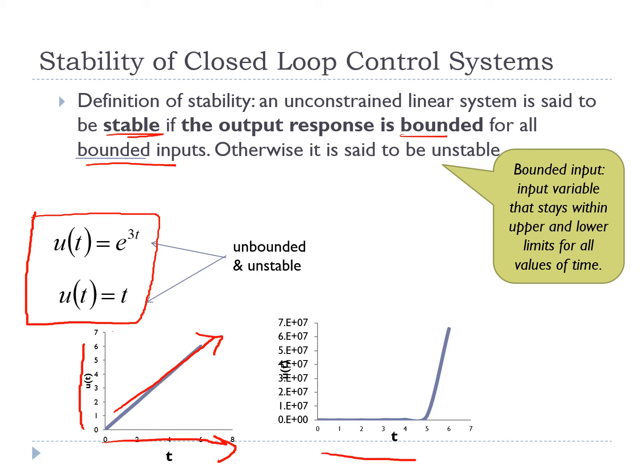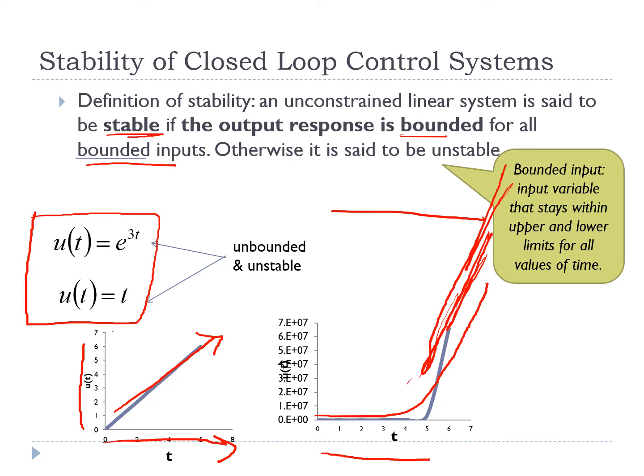Similar to this response, the output increases over time, which is unbounded, a never-ending response that keeps increasing with time. So this response is called unstable. So a stable response should be bounded. The output of a stable response must be bounded, meaning that it has upper and lower limits.